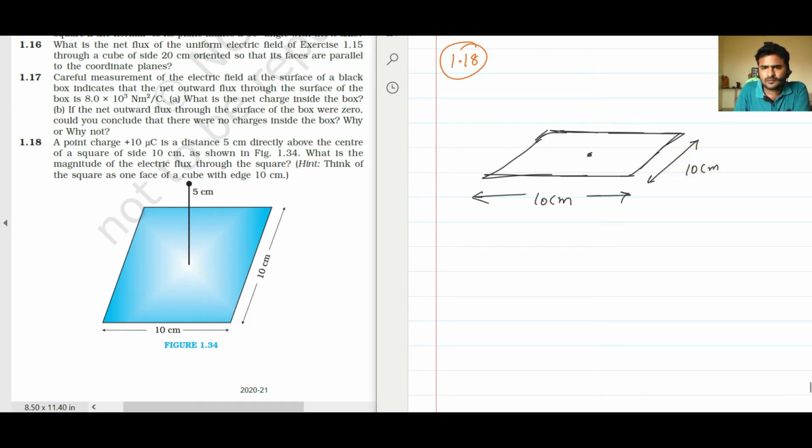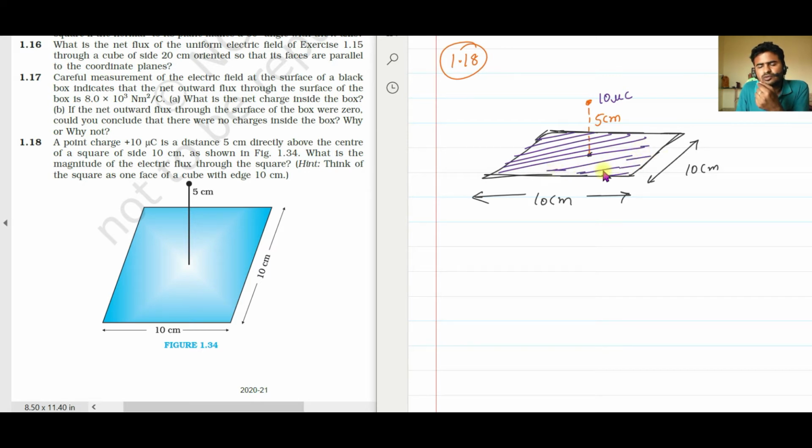Now at a height of 5 cm, you have kept a charge of 10 microcoulomb. Now they're asking how much is the flux through this square plane.